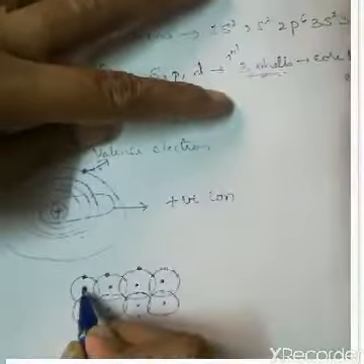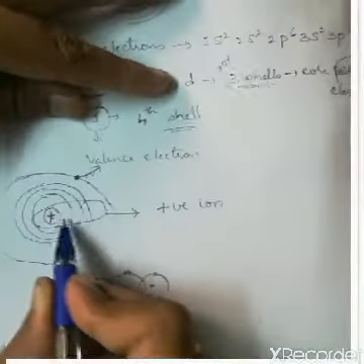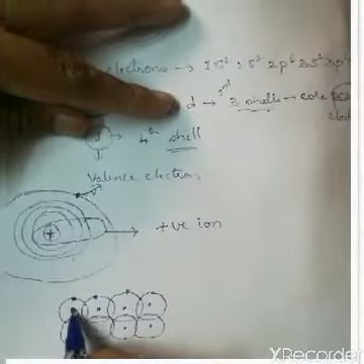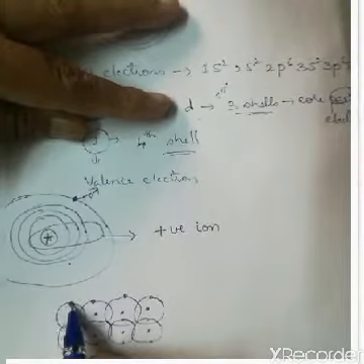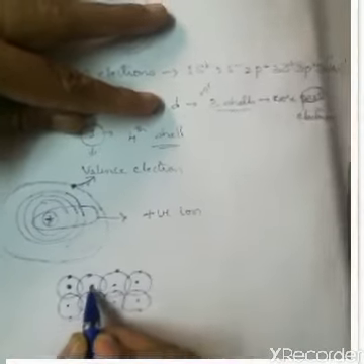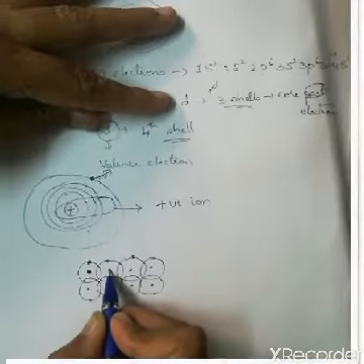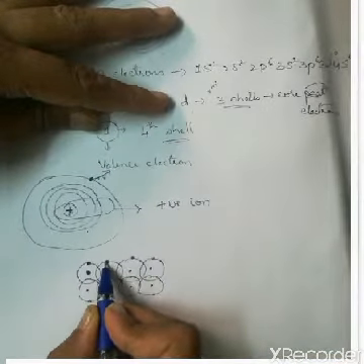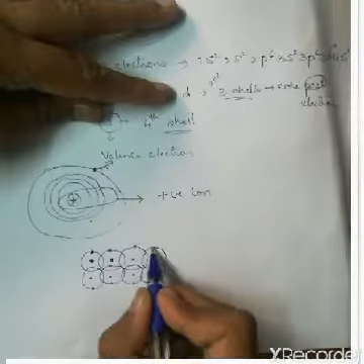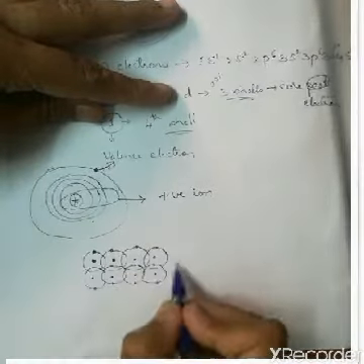This is the core part, which includes the positive nucleus as well as the 28 electrons of the copper atom, and this is the valence electron shell. Similarly, this is another copper atom having the nucleus as well as core electrons, and this is the valence electron. In this way the outer orbit electrons which I have drawn here are the valence electrons.